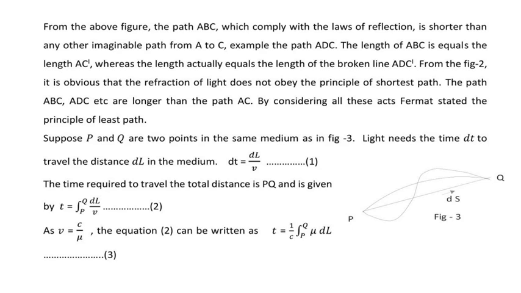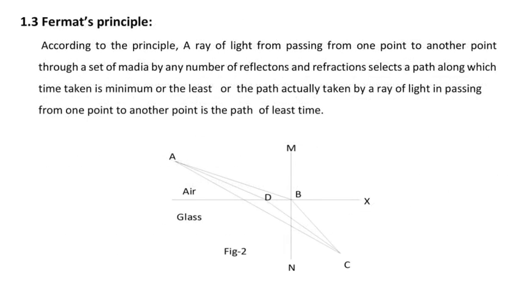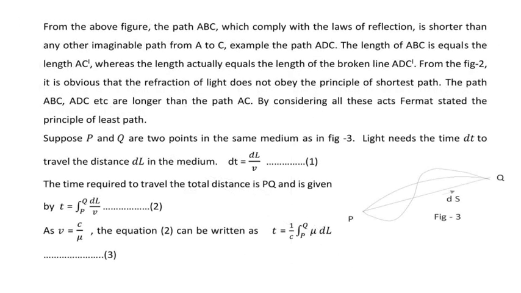From the figure, it is obvious that the refraction of light does not obey the principle of shortest path. The paths ABC, ADC, etc. are longer than the path AC. By considering all these facts, Fermat stated the principle of least path.